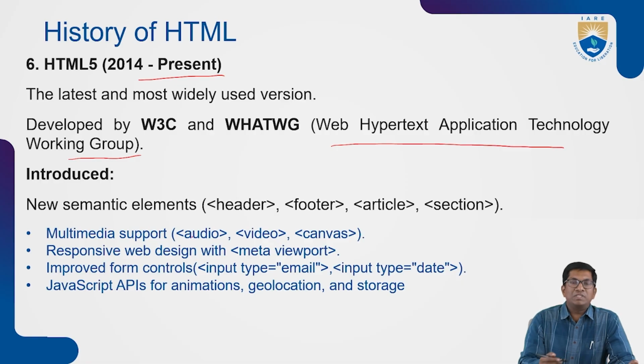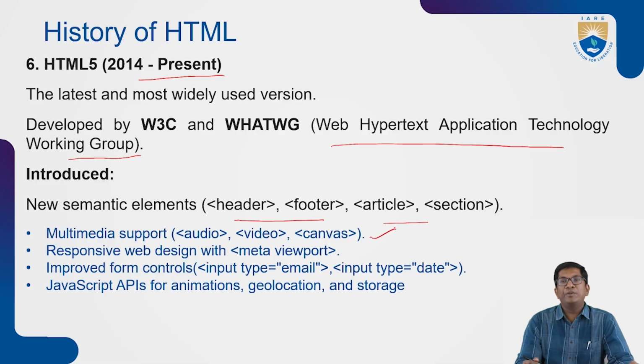These new features were added compared to previous versions. They added the tags header, footer, article, and section. It also supports multimedia using elements like audio, video, and canvas. As well, with HTML5 they introduced responsive web design.